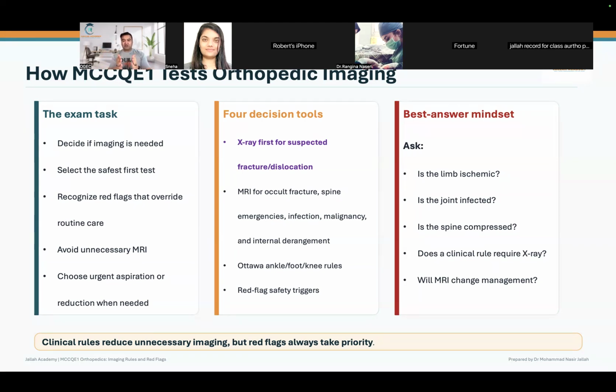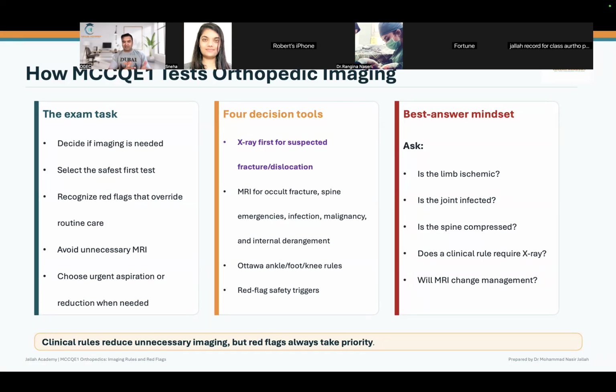Based on that, you decide what your diagnosis is and what your approach for the management of this patient will be, and what steps are to be taken in order to have a proper, healthy and professional management approach. All right, so today we're going to focus more on the MCQ1 aspect of it.